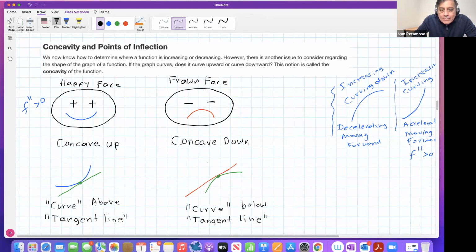Mathematicians formally call it concave up. Now, when the second derivative is negative, then it curves down. They associate this with a frown face. The mouth of the frown face is concave down. So concave up, concave down.